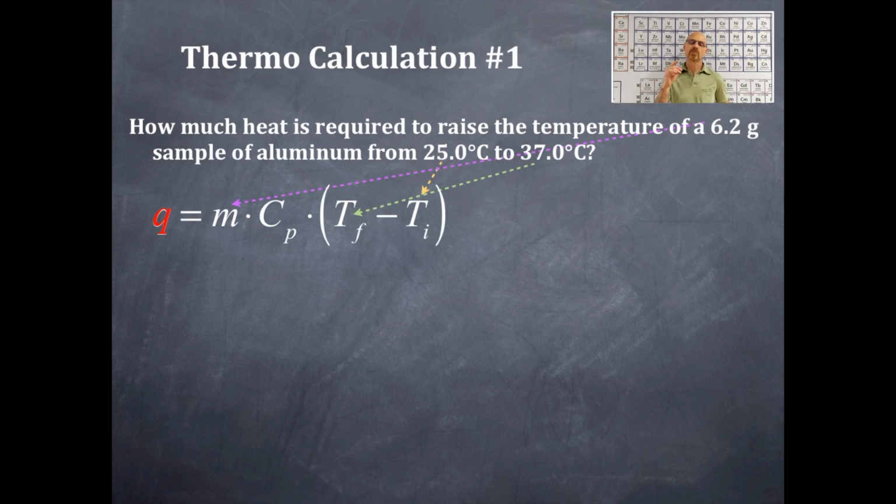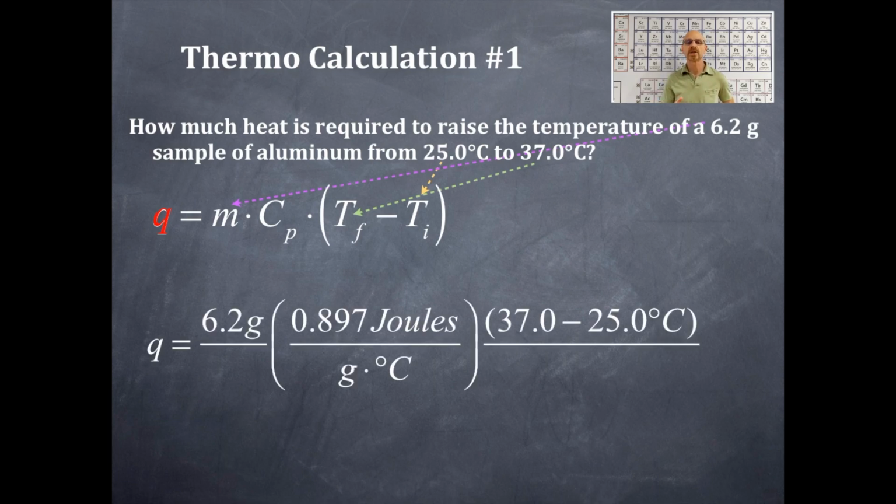You need to re-watch that video and then you can find the specific heat capacity for aluminum. Or you can look it up in the Handbook of Chemistry and Physics, or in your textbook, within the chapter on thermochemistry. We're going to plug that value right into here and solve for Q.